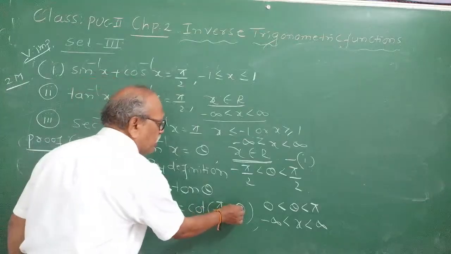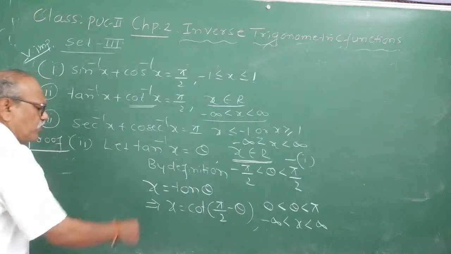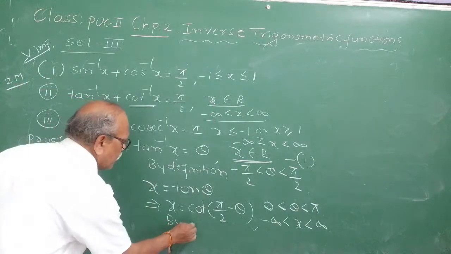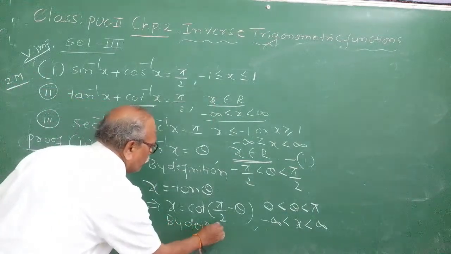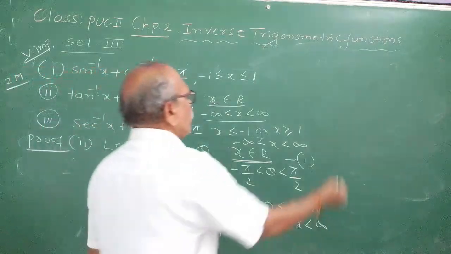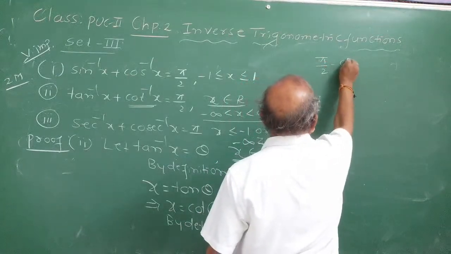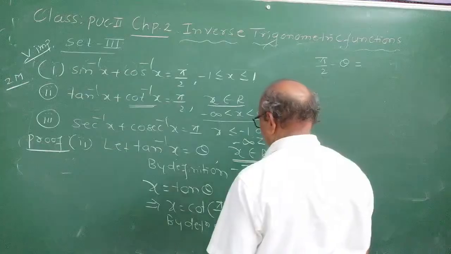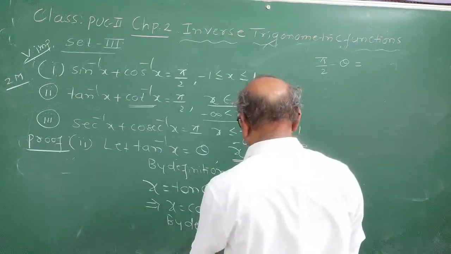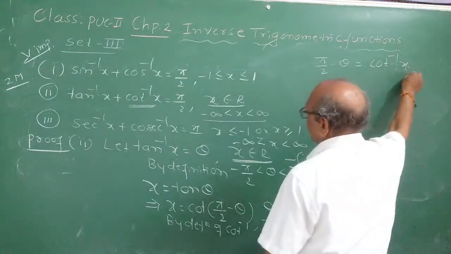Do you think pi by 2 minus theta comes in the first quadrant, means it lies between 0 to pi? Now, by definition of cot inverse, you can write it as pi by 2 minus theta. If you have got any doubts, you can ask me to repeat in the chat box. You will get cot inverse x. Any doubts in this?